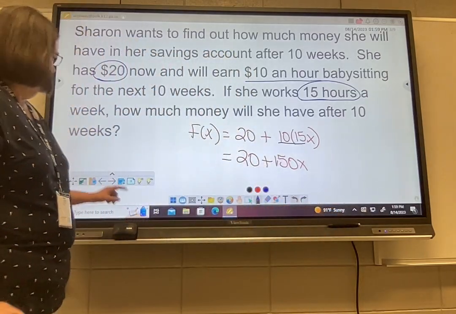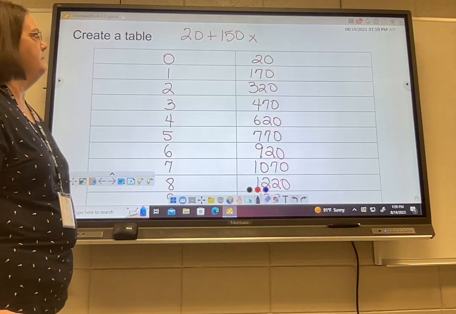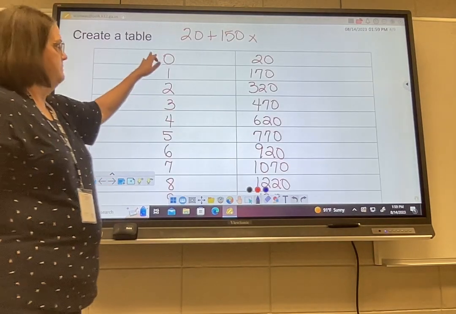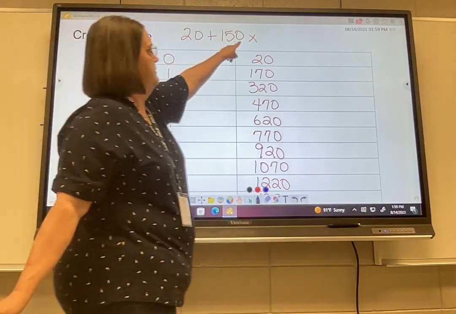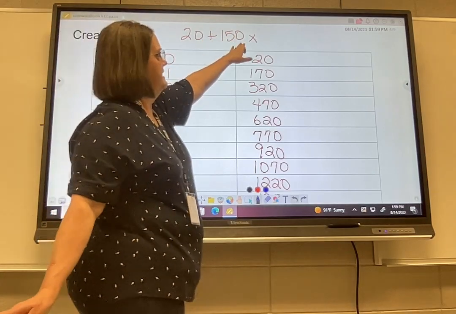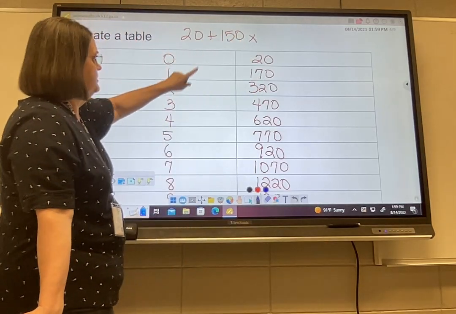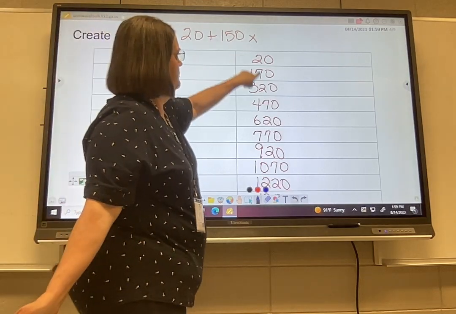And then we go on and we solve that by writing a table. For 0 weeks, we plug 0 in, we get 20. When we plug 1 in, 150 times 1 is 150 plus 20 is 170. When we plug 2 in, that's 320.